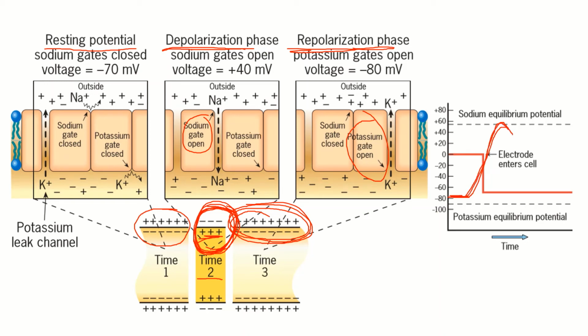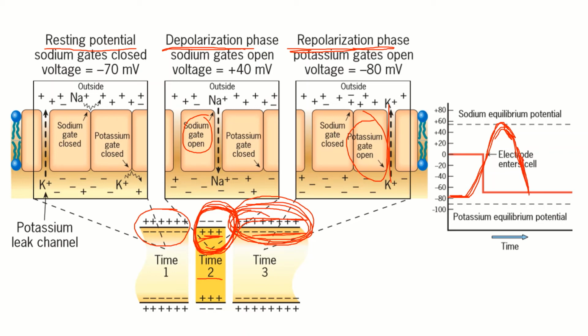But then in time 3, because the potassium gates have also opened now, and the potassium ions go out of the cell, we now have a restored, more positive charge outside of the cell membrane than on the inside of the cell membrane. And because the potassium ions are now diffusing out of the cell more than the sodium ions are diffusing in, because the sodium gate has closed, the signal in our graph is going to go back to the potassium equilibrium potential.